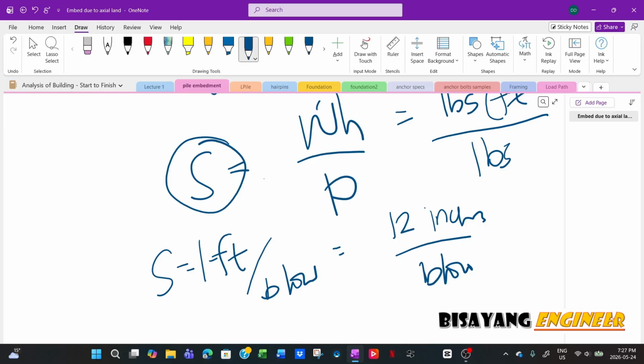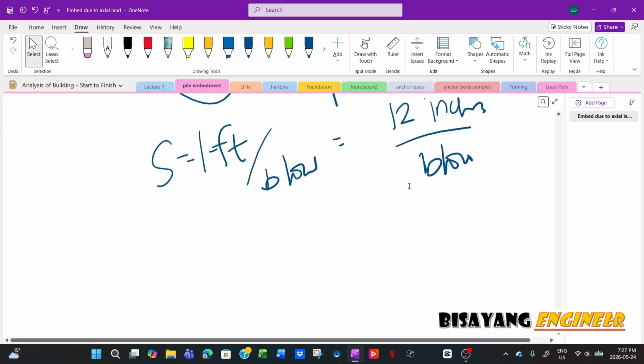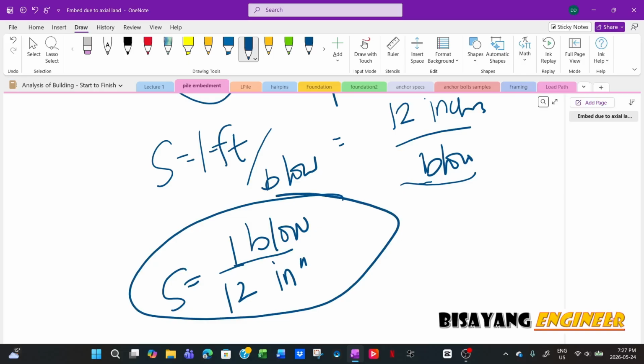But usually the penetration is determined in blows per inch. So all you have to do is do the inverse. So that would be 1 over 12, so that would be one blow per 12 inches. So this is your penetration or your pile driving criteria.